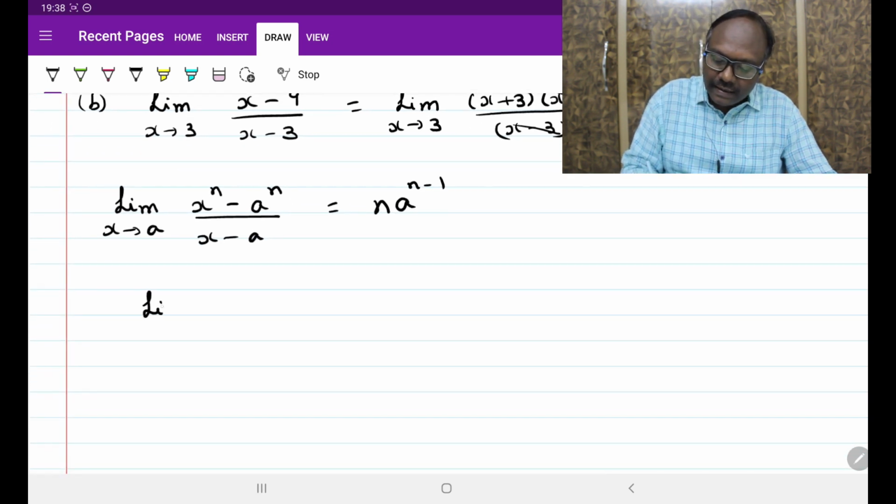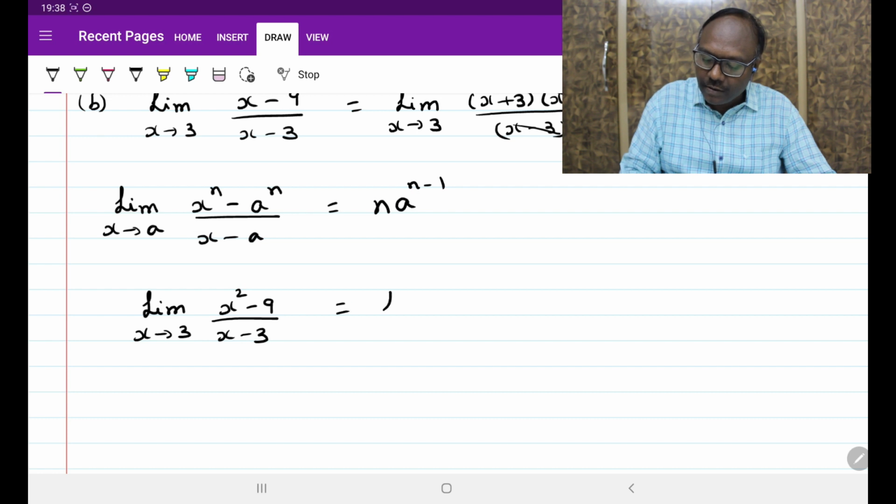So limit x tends to 3, x square minus 9 by x minus 3. So this is in the form of limit x tends to 3. We write x square minus 9 as x square minus 3 square divided by x minus 3.